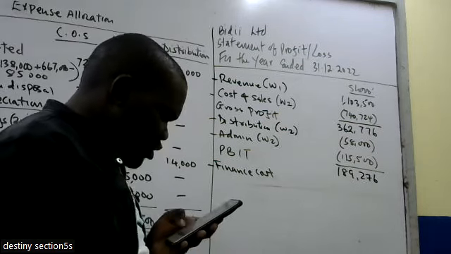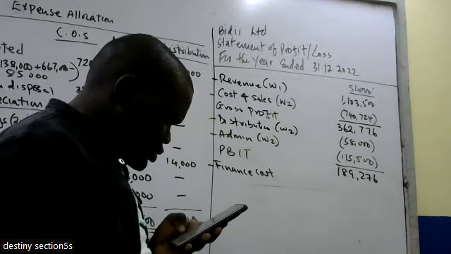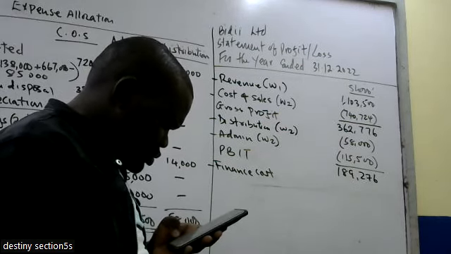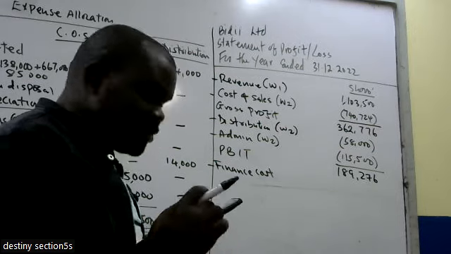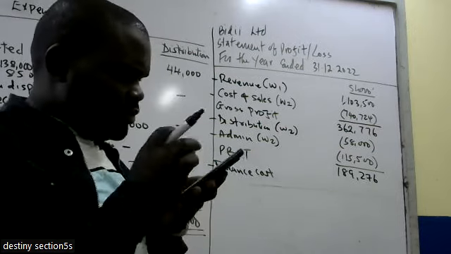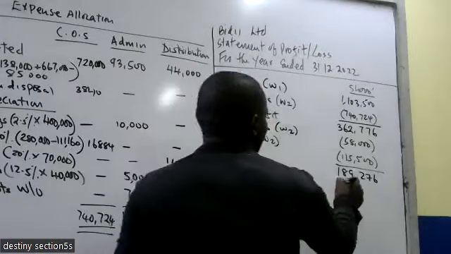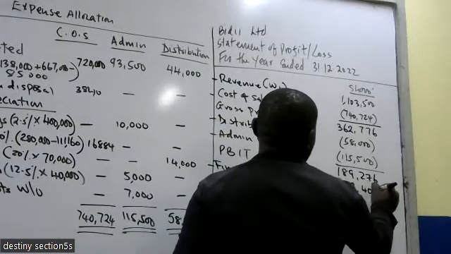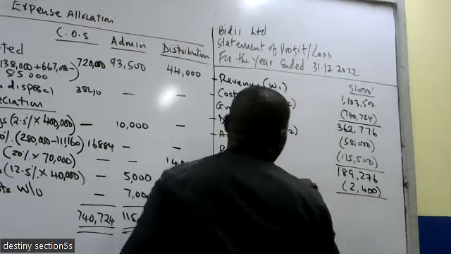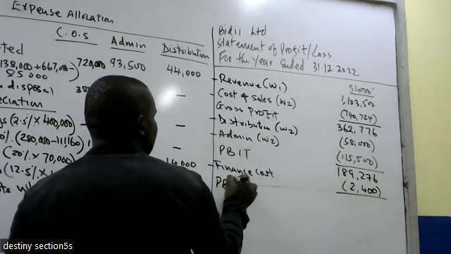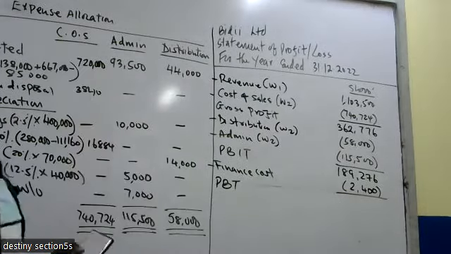I saw interest in the trial balance. I'm seeing 2400. I hope you're seeing the same. Therefore, profit before tax will be how much?